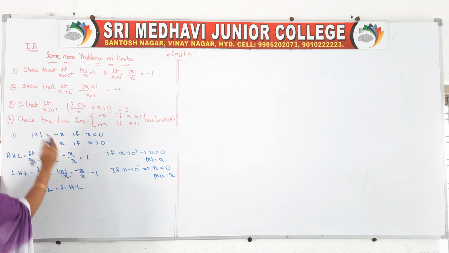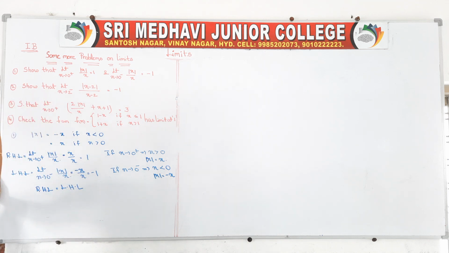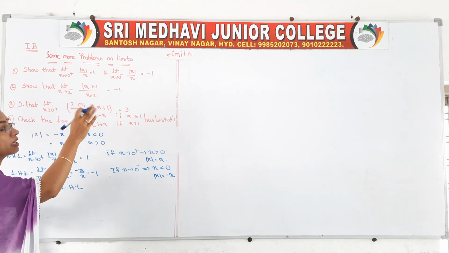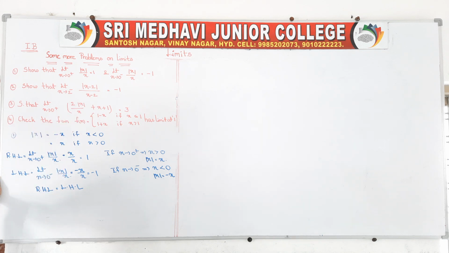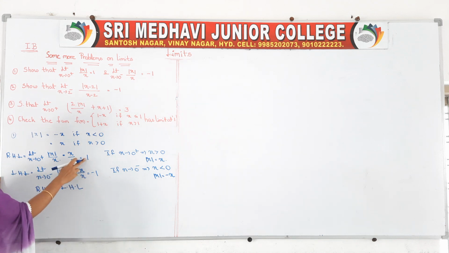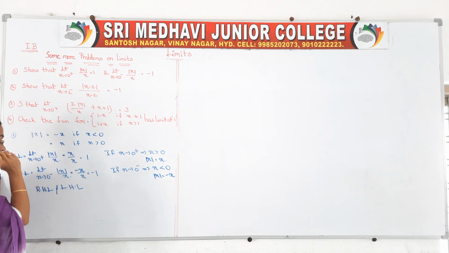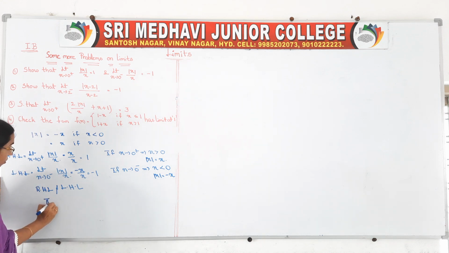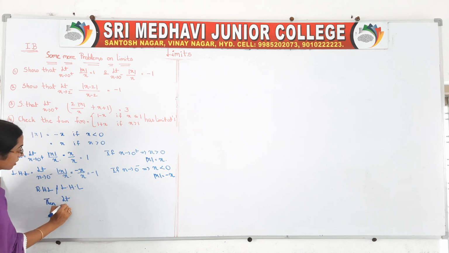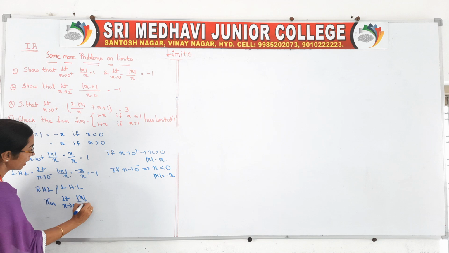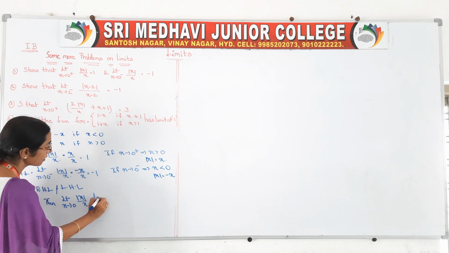Sometimes they will ask the question only till that point. Sometimes they ask to show that this limit does not exist. That means the right hand limit is 1, the left hand limit is minus 1, so the right hand limit is not equal to the left hand limit. Then what happens? The limit x tends to 0 of mod x by x does not exist.